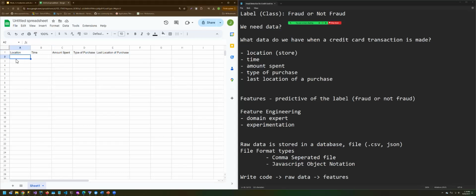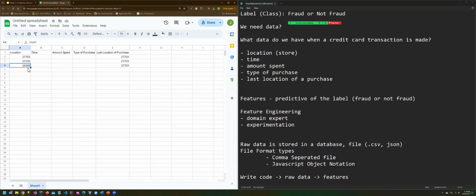And so the location could be, I'm just making up zip codes here. You could probably look at this and say, well, their last purchase was here, and this is really far away from that.